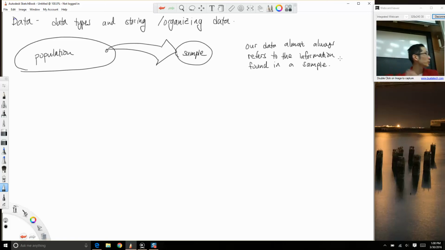And so you will have a bunch of observations. Each observation will appear as a row in our data table. So we will store our data in a data table.